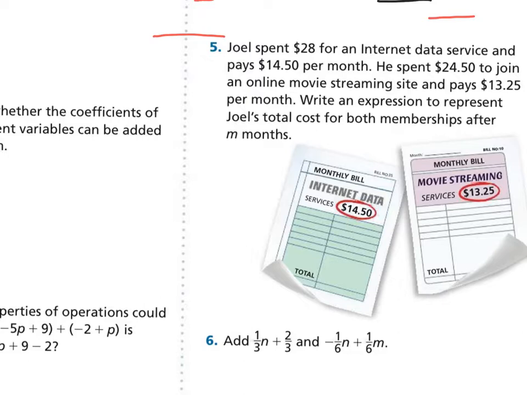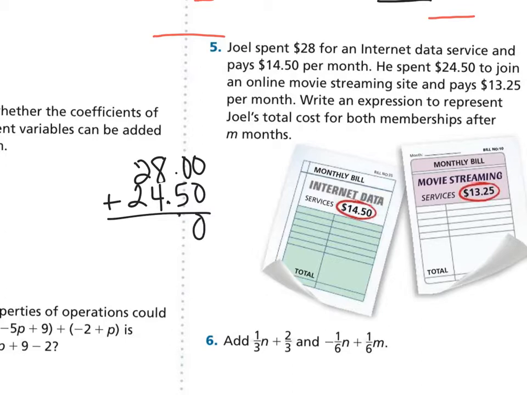So we had a $28 one-time fee, and we had a $24.50 one-time fee, or initial fee. So we could actually go ahead and add those together. So we got $52.50, and then you can even see on the monthly bills here, they've got their monthly charges.